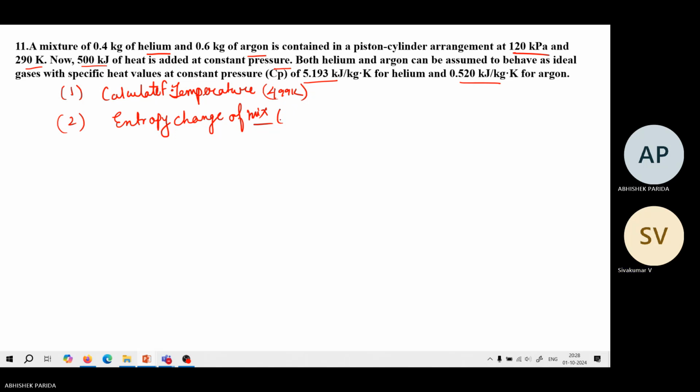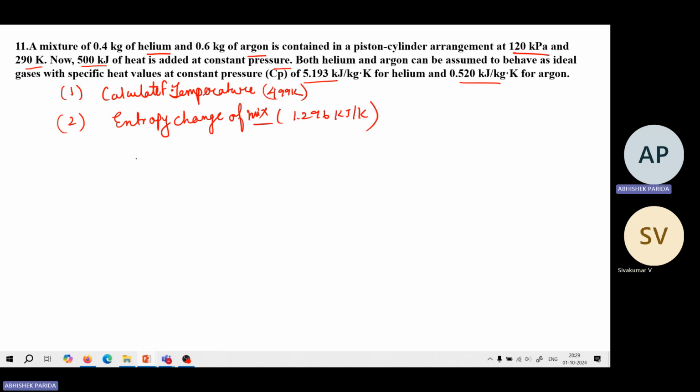Doing, sir. 1.296 kilojoule per Kelvin. Okay.